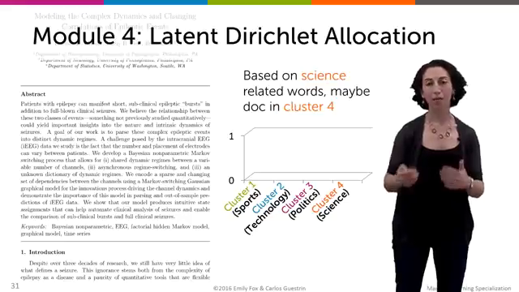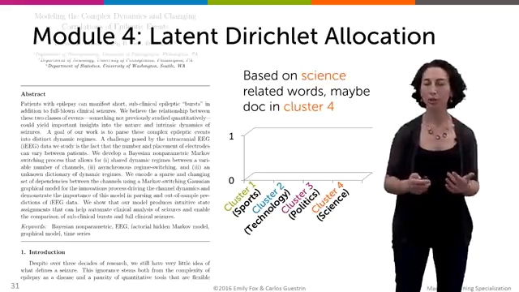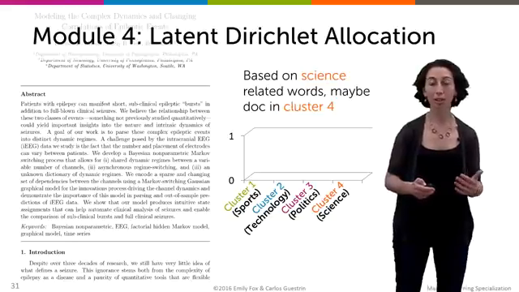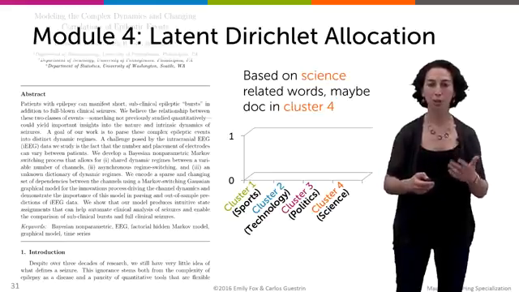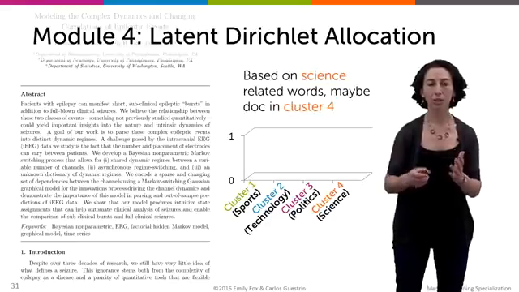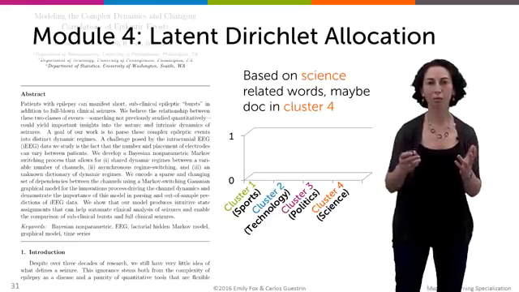And finally, in our fourth module, we're going to describe a more intricate probabilistic model for analyzing documents, and this is called latent Dirichlet allocation, or LDA. To motivate the ideas behind LDA, let's look at a specific document shown here. What we see is that this document has a bunch of science-related words.